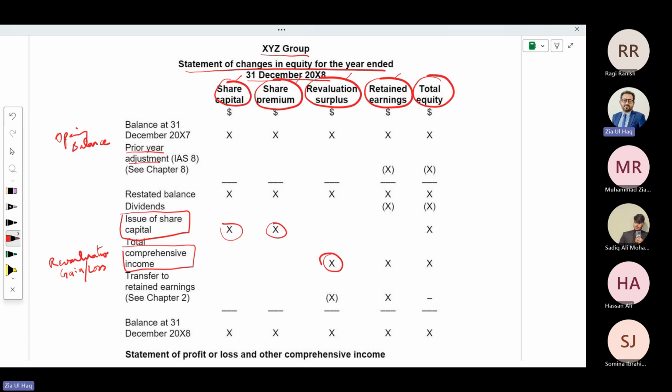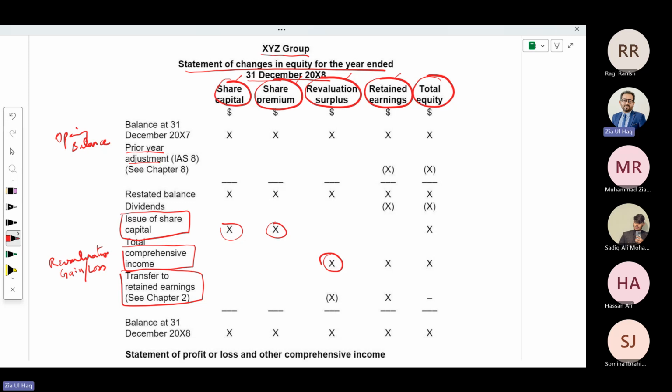And if there is any transfer of retained earnings, like if the company is going to sell any of the revalued assets, all the amount in revaluation surplus should be transferred to retained earnings. Maybe we have studied this in the financial accounting paper.